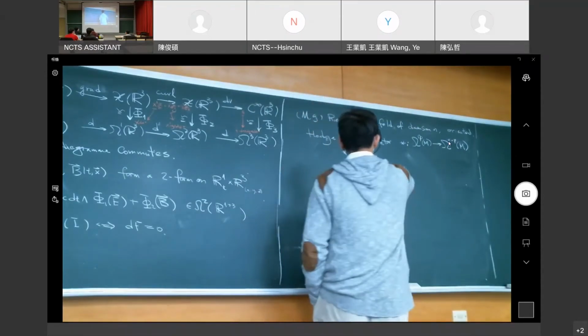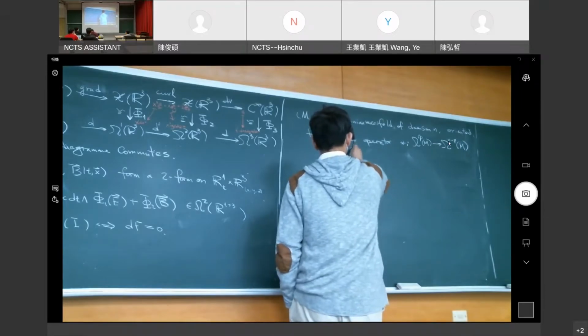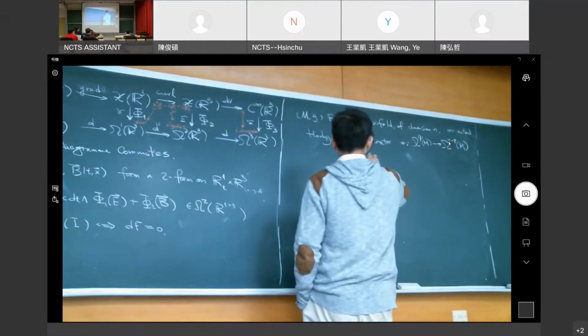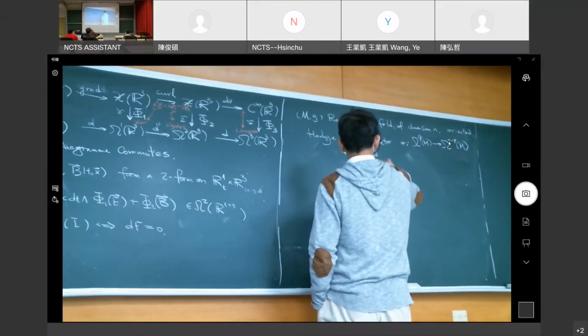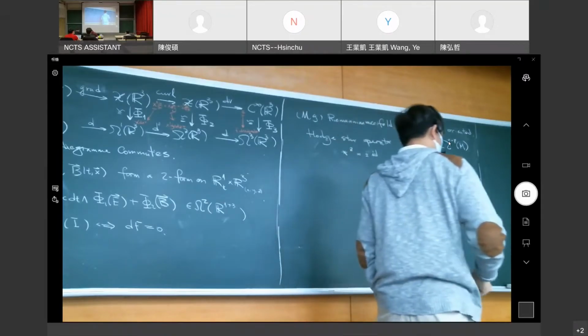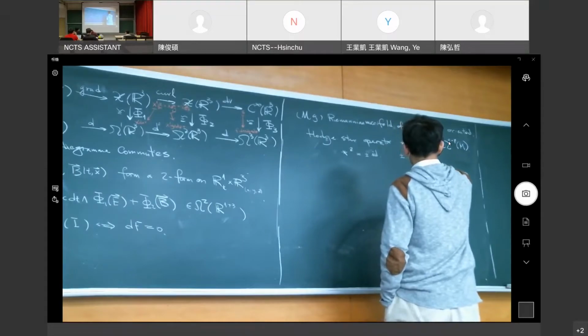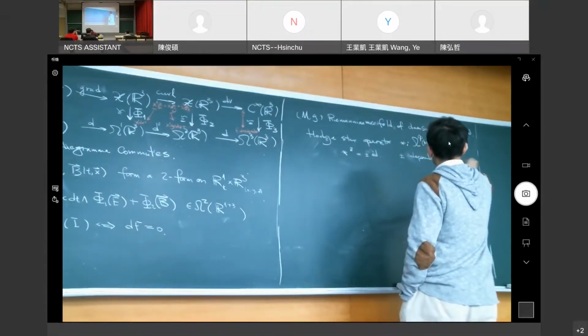First of all, if you do it twice, it returns to the p-form, so this is plus or minus the identity map, and the sign depends on p and n.